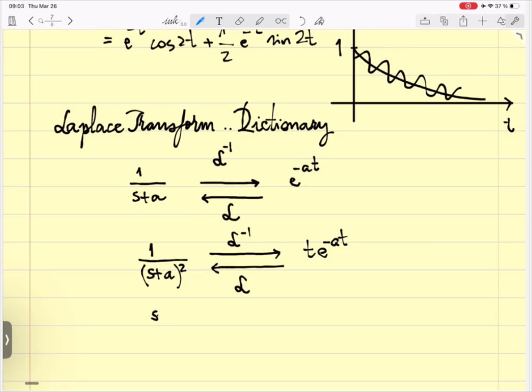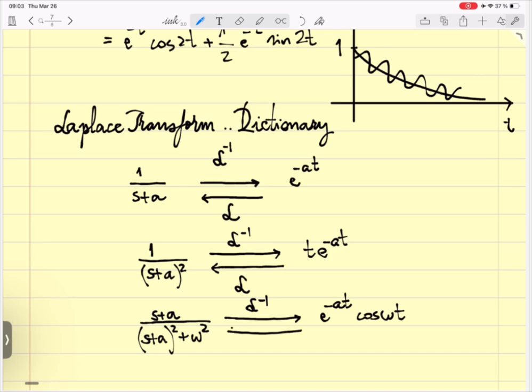(s plus a) divided by ((s plus a) squared plus w squared) is e to the minus at cosine of wt, and the other way around is similar, okay?